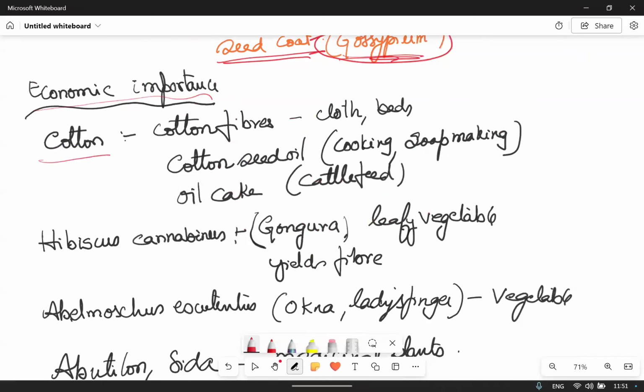Economic importance. Cotton fibers, which we use in cloth making and bed making. And cottonseed oil, which we can use for cooking and also soap making. After extraction of the oil, some oil cake is left out, and that is used as cattle feed.